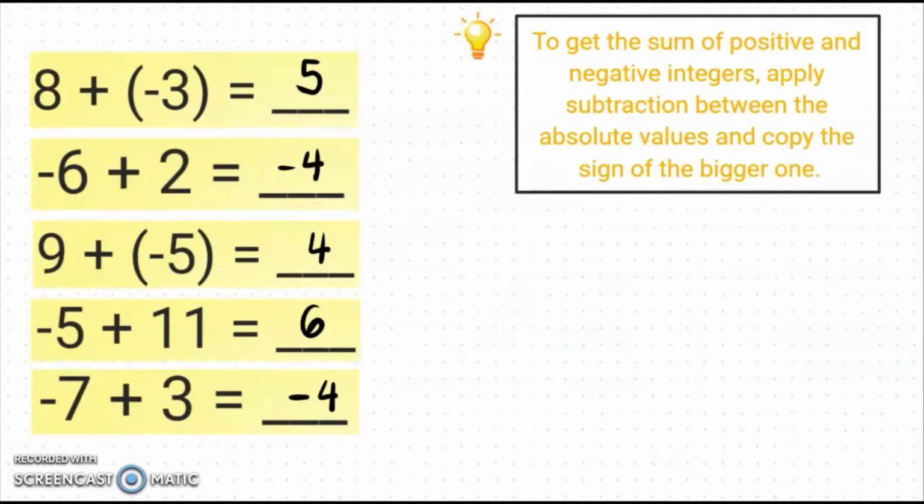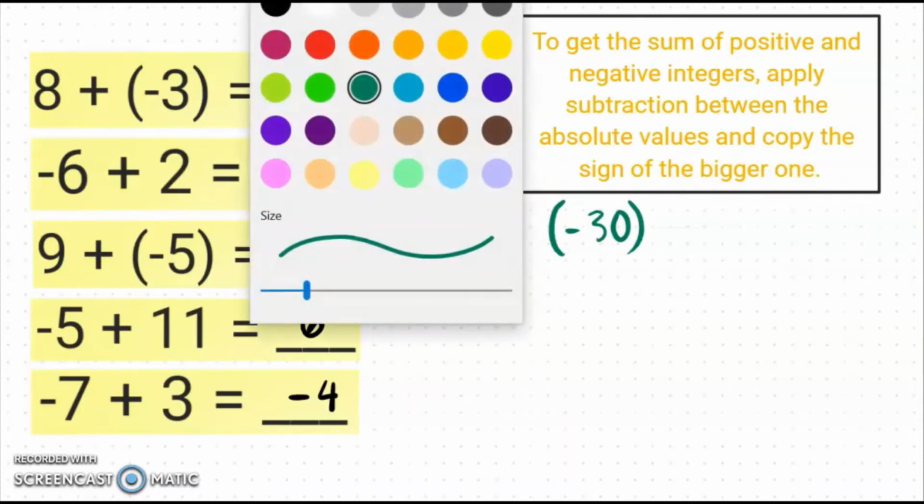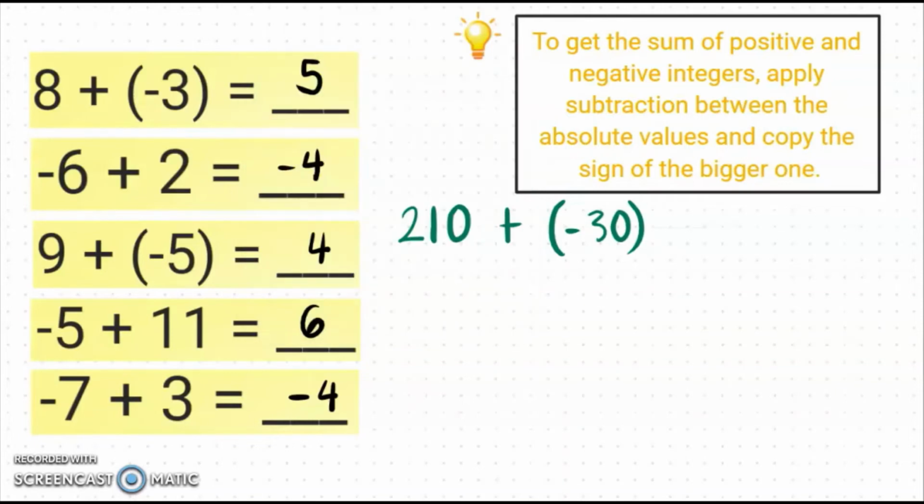Now we are ready to apply that concept to bigger integers. So let's try it. Suppose we have positive 210 plus negative 30. So our 210 is positive because we don't see a negative sign, right? And this one is a negative. So we have 210 and 30 as our absolute values.